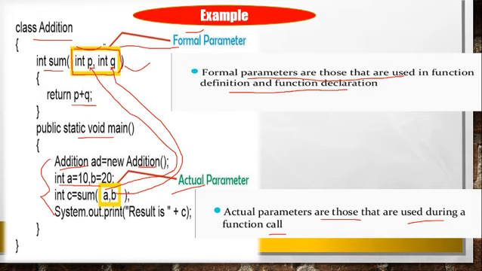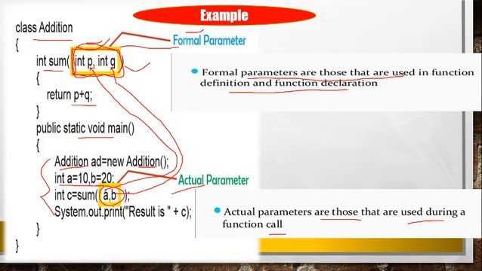The parameter which is used in defining the function is called formal parameter. I hope the formal parameter and actual parameter is clear to you. Once again, formal parameter is the parameter in a function used at the time of declaring the function, and actual parameter is the parameter used at the time of calling the function. What is the work of formal parameter? To accept the value from the actual parameter.